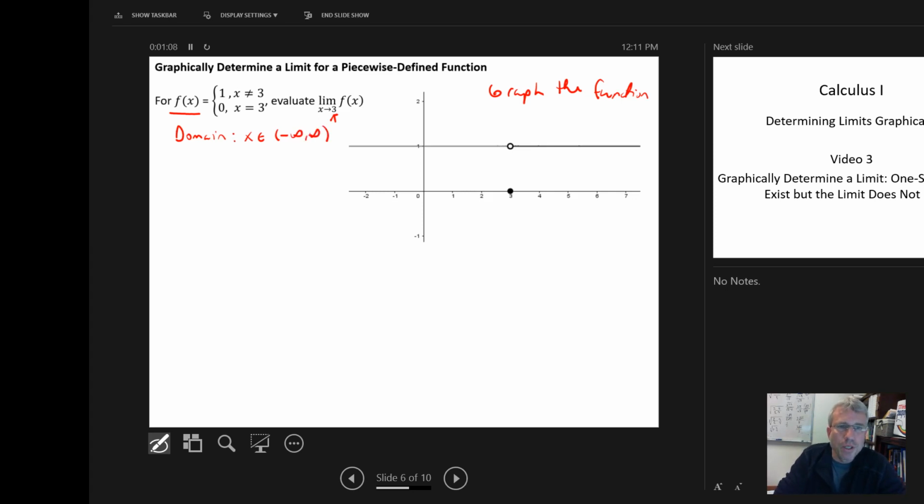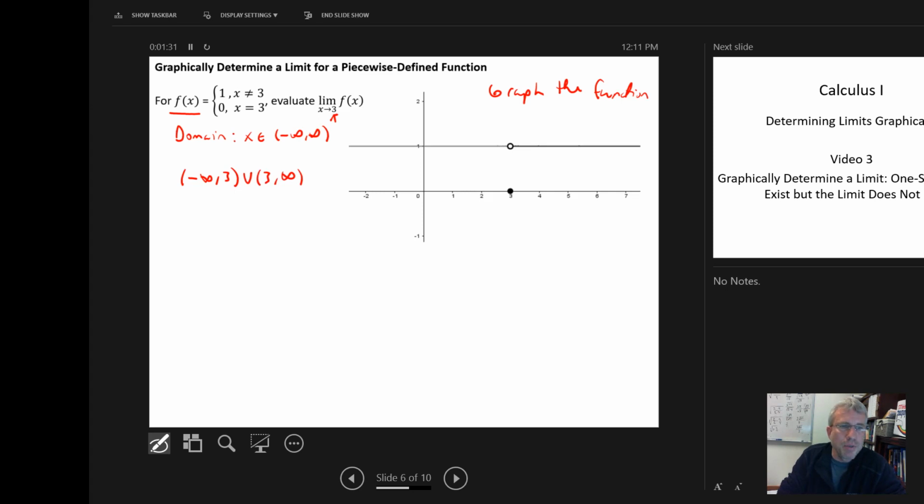So we'll make the intervals negative infinity to 3, and since we want open intervals, we won't include the 3 itself, union 3 to positive infinity. So there are our two open intervals.